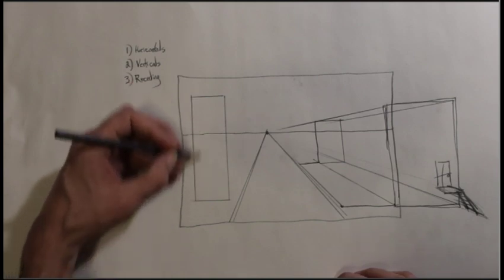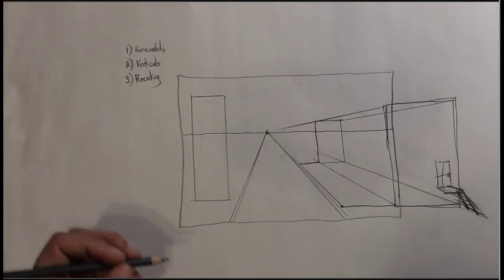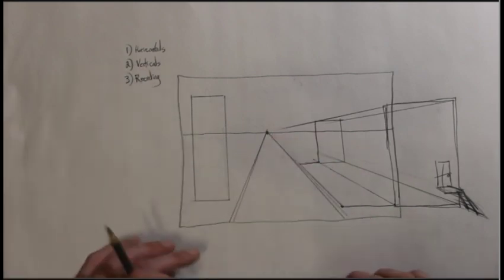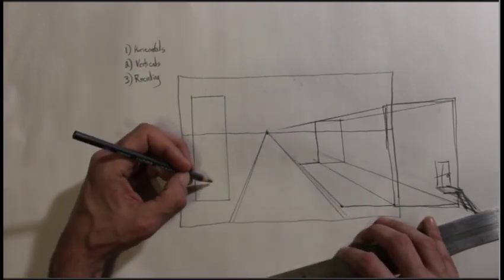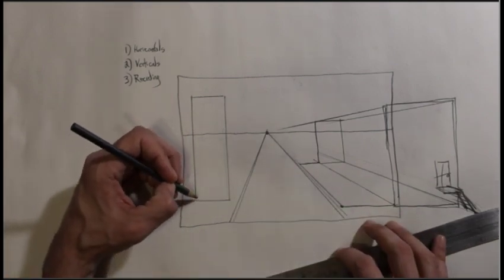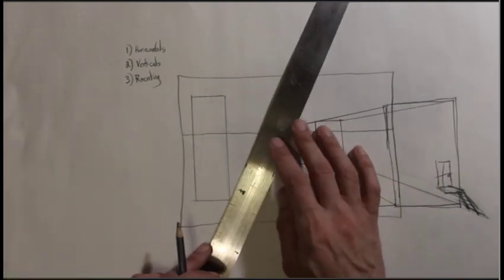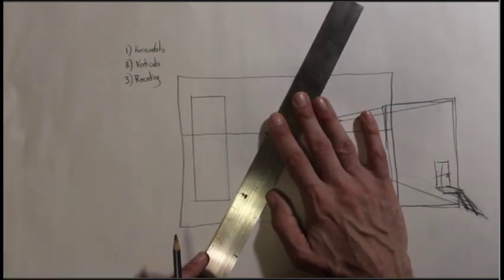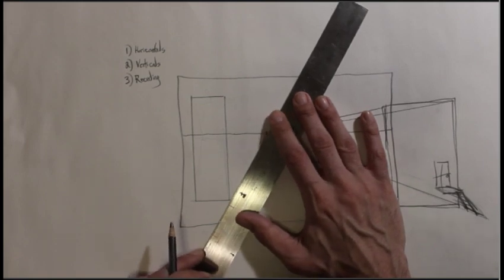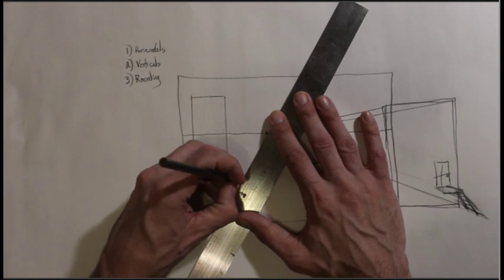I'm going to have legs here and then some kind of cylindrical shape there, but first I have to feel out the volume of this box I'm going to build it into. So right now I only have one side. It's good for telling the width and the height, but not the depth. To get the depth, we have to connect the corners of this box to the vanishing point.